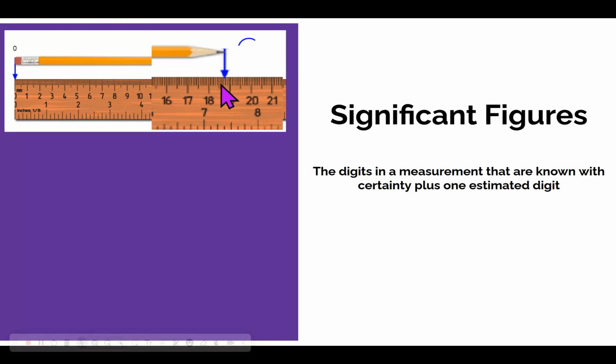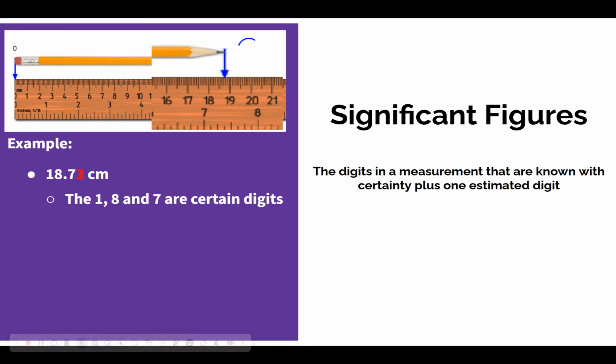So I can also say that my pencil measures somewhere between 18.7 and 18.8. In my measurement, the 1, the 8, and the 7 are all certain digits. We know that this pencil is somewhere between 18.7 and 18.8.